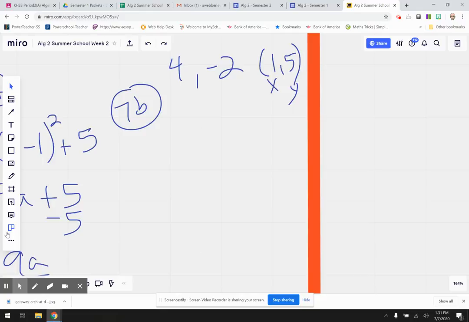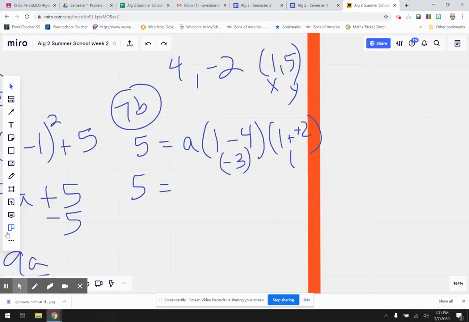So we could plug in y equals 5 equals. A we don't know. X, actually we do know x. That's going to be 1 minus 4, the first intercept, and 1 minus the second intercept, negative 2. That's going to make it a plus because they're both negatives. So you're going to get 5 equals negative 3 times positive 3 would be negative 9a.